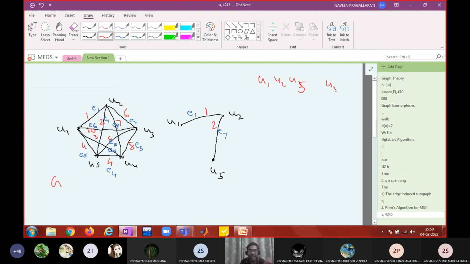Next is U3 and U4. E9 has weight 3, which is lesser than all other weights. One end is U1, the other end is U4, which is fine. Therefore, I can select E9.